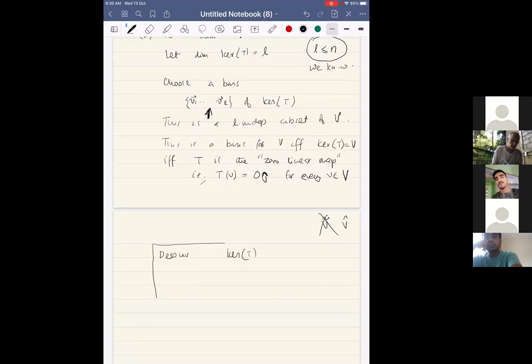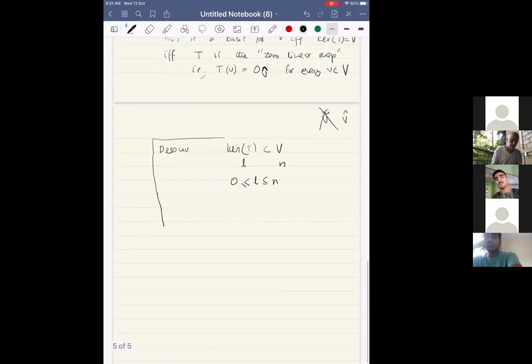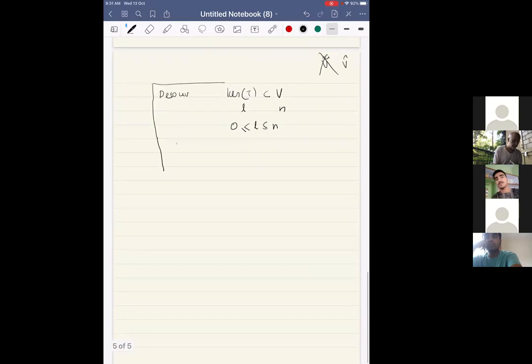Kernel of T is a subspace of V. This is dimension N. This is dimension L. So we know that L is less than or equal to N. And of course, because L is a dimension, we have L greater than or equal to 0. So the two extreme cases are L equal to N and L equal to 0.